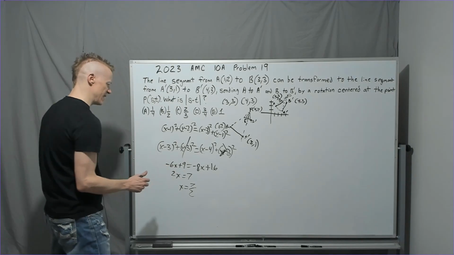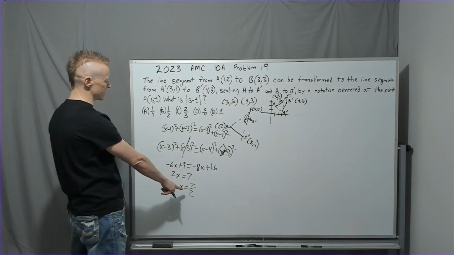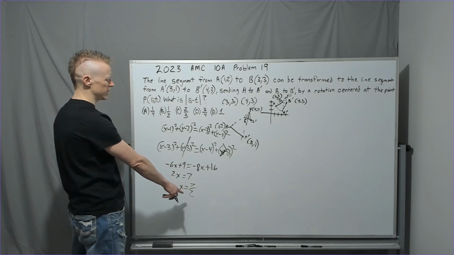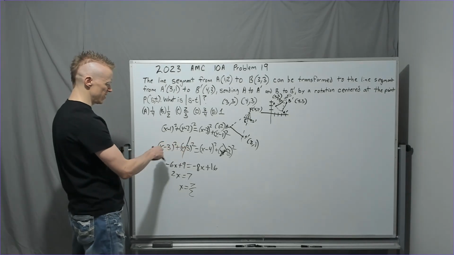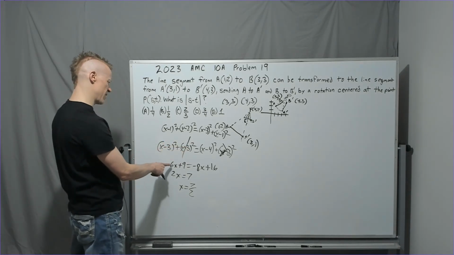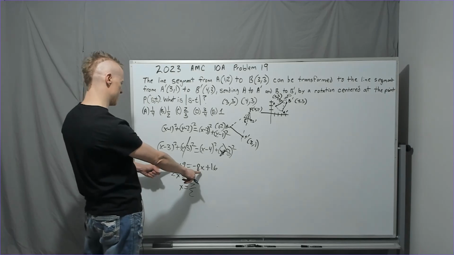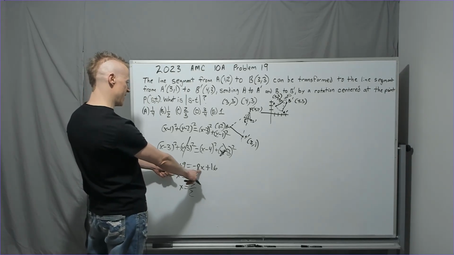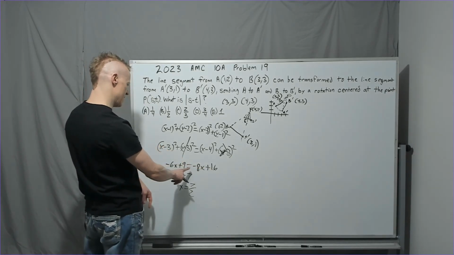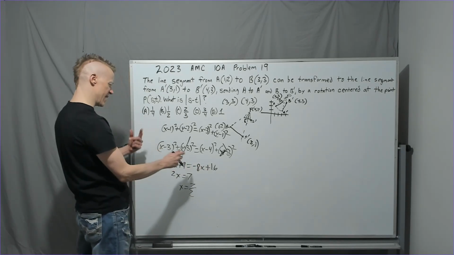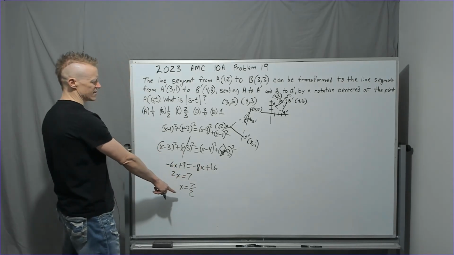So then what? Now we're going to take the 7 over 2 and plug it into one of these equations. I just want to do that right. It's negative 6x, negative 8x plus 16, 9, 8, 2. Yeah, got to be right. Okay. So then 7 over 2.